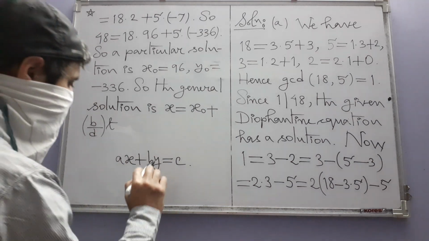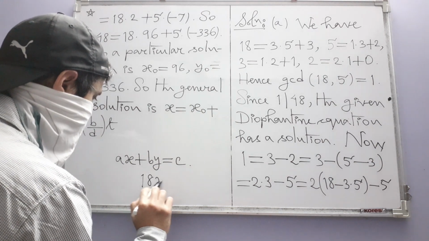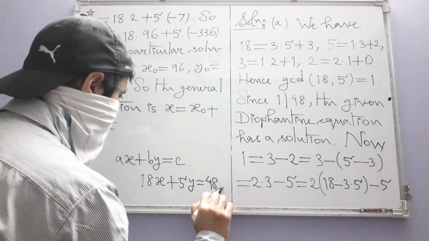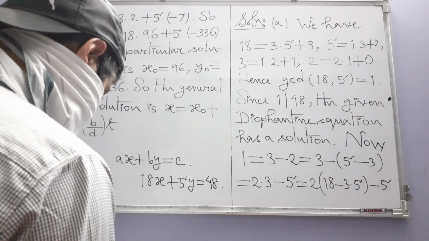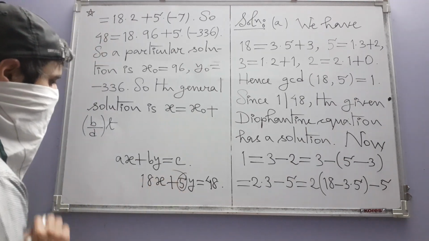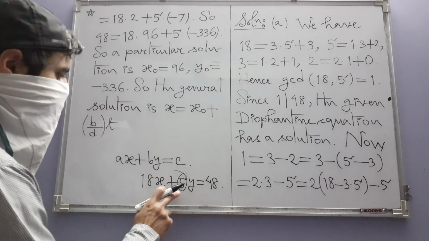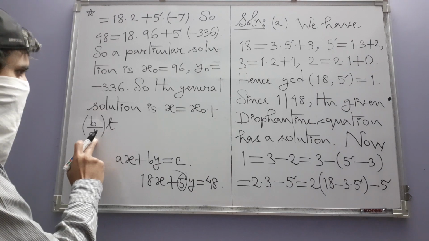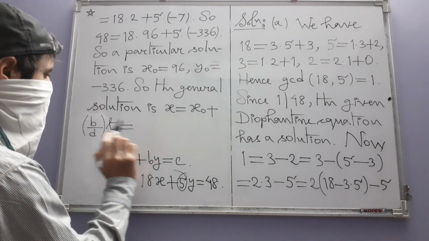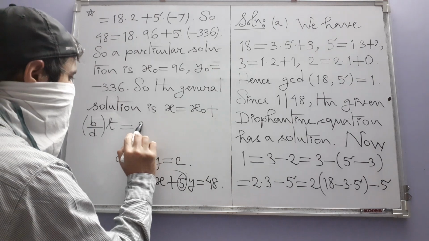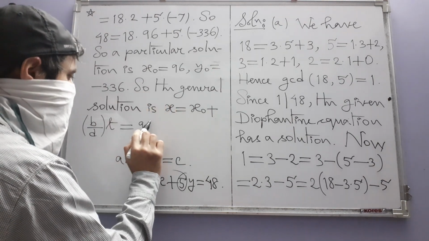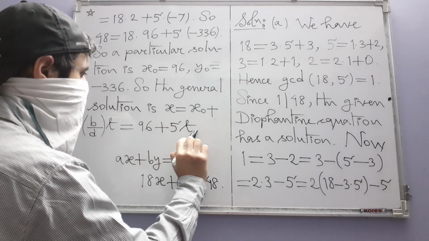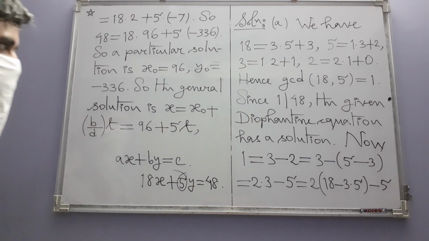So for us b is 5, and d is the GCD, which is 1, so we do not have to divide by anything. So x naught is 96 plus 5t. This is the general x value.